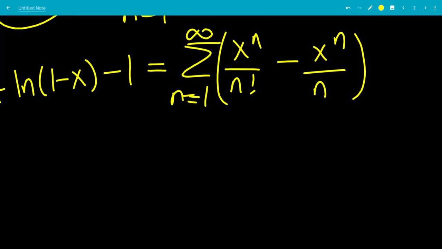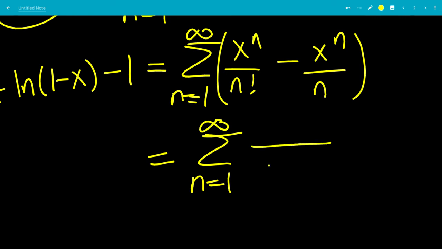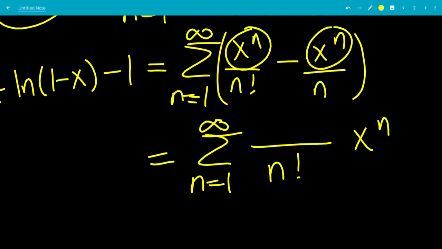Okay, so what are we going to do with this? We're going to say the sum from n equals 1 to infinity. For this kind of question, we want to take the x to the n out and then combine some stuff, so we have one fraction too. It looks better too. So we have all over n factorial, and then multiply by x to the n, because we have x to the n in both terms.